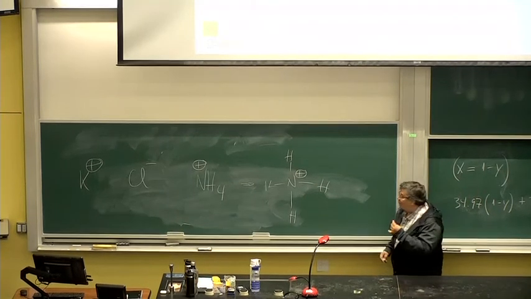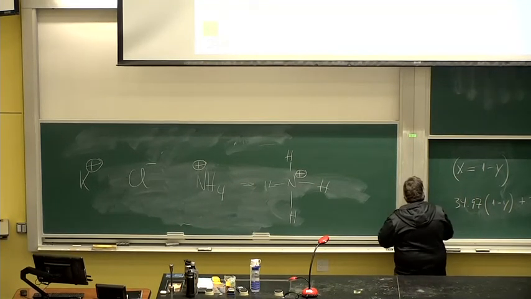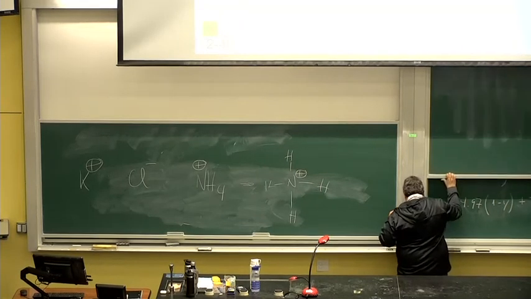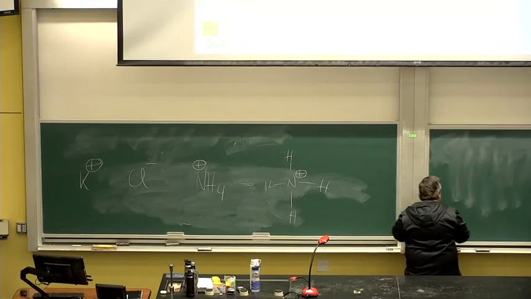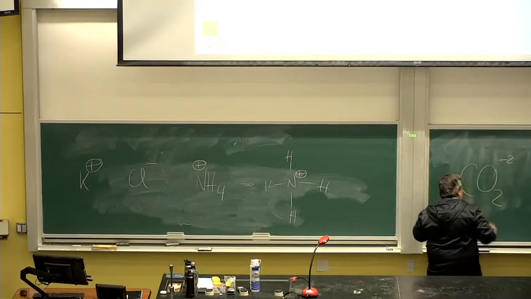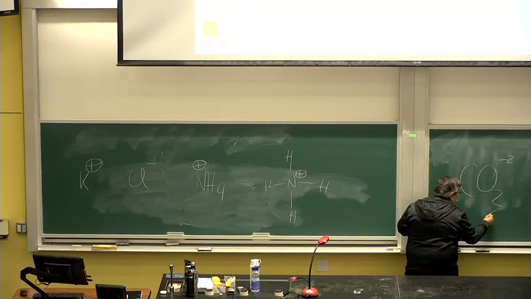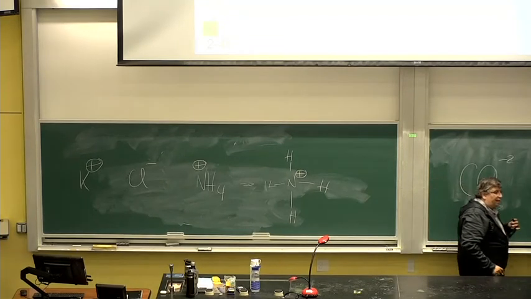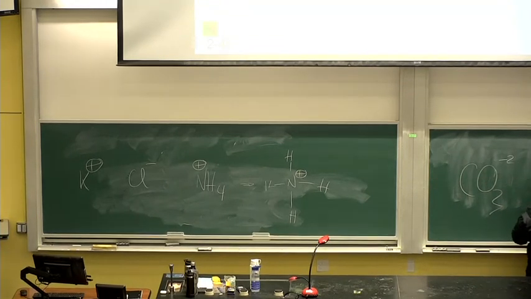The same happens with anions like this. Carbonate. In the case of carbonate, the structure, and we will see this with resonance later, and in Lewis structure, has this structure here.